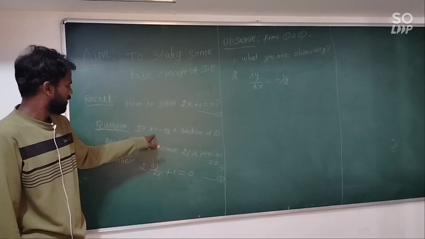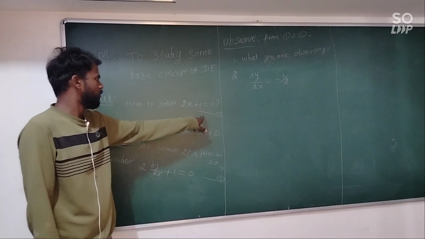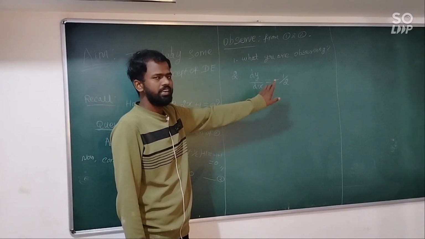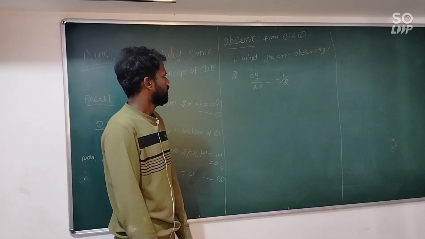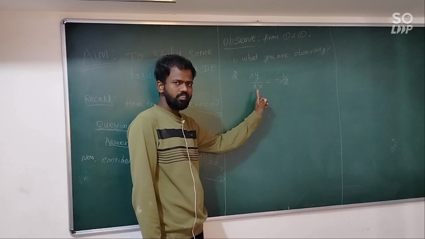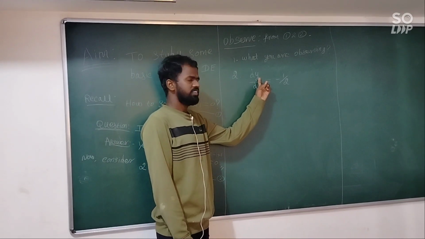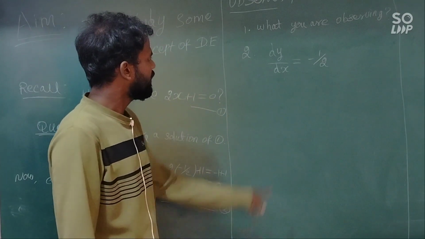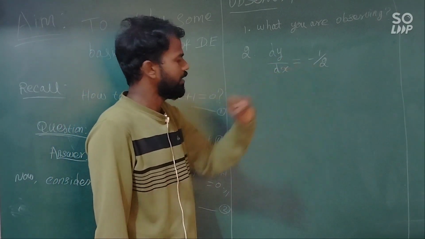So since x equal to minus 1 by 2 is the solution of this one, we can directly relate it as dy by dx equal to minus 1 by 2. Now, can you find what it means? That means the derivative of the function y is minus 1 by 2. Now the question is, can you find a function y whose derivative will be this one?